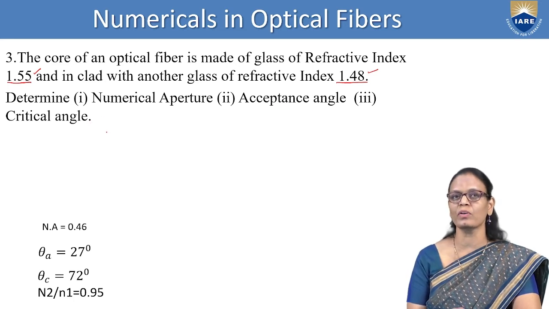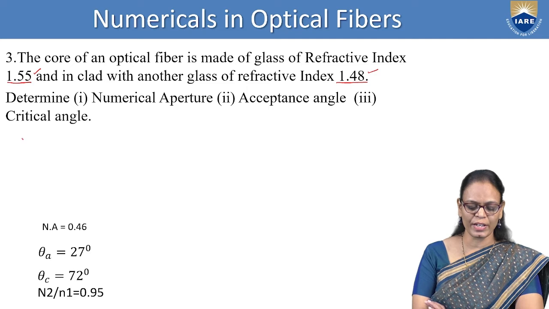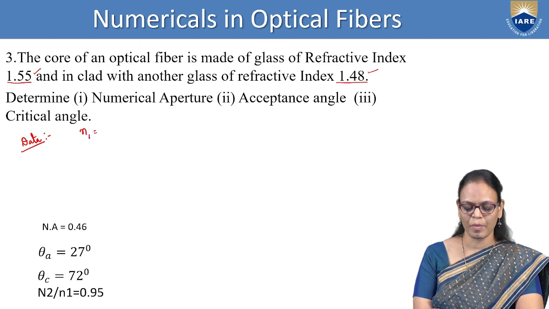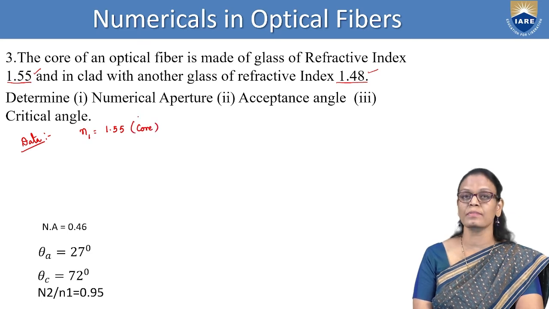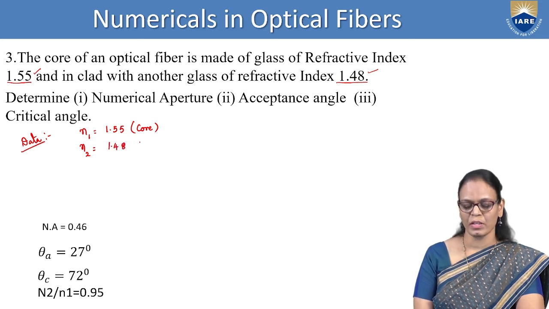Here we are going to find all the three. So we'll write the data. N1, 1.55. This is for the core refractive index. N2, 1.48. This is for the cladding.